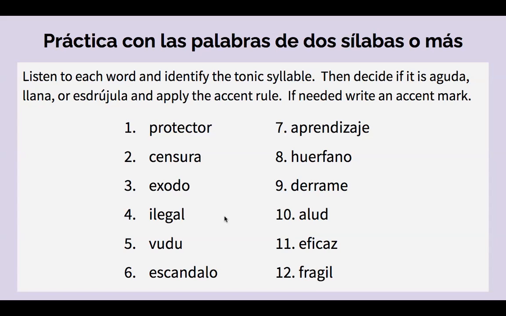Número 2, censura. Censura. Número 3, éxodo. Éxodo. Número 4, ilegal. Ilegal.